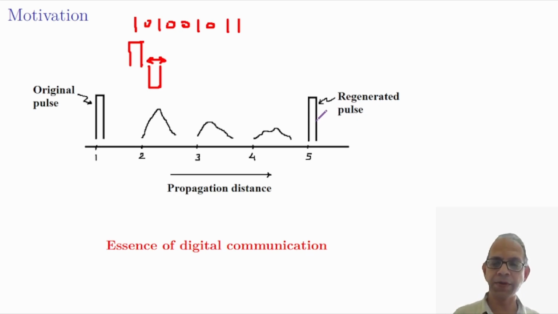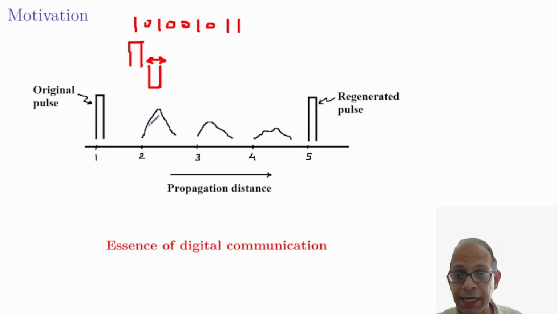We use repeaters at regular intervals so that we can keep regenerating pulses, and virtually communication is possible over any feasible distance. This is not the case in analog communication, where the information resides in the exact shape of the pulse, and therefore if the pulse shape has changed, there is no way to reconstruct the original pulse shape.